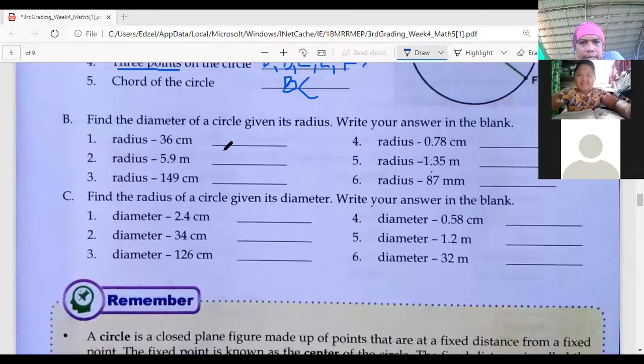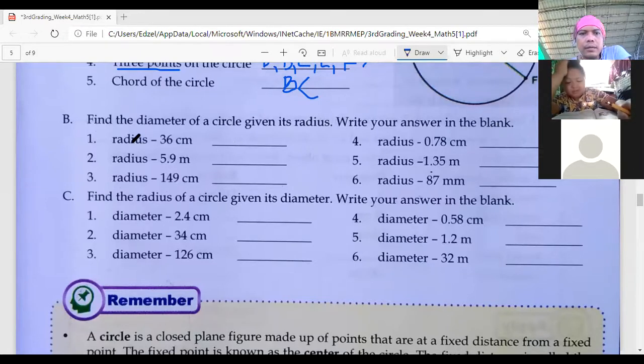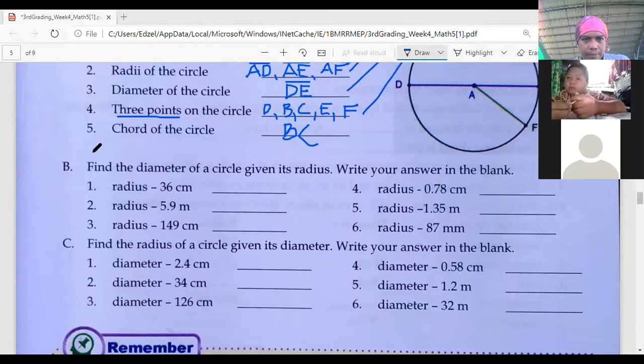All right, let's find the diameter of the circle given its radius. Write your answer on the blank. Di ba ang radius, ingon ko kanina, AF or AE or AD? Those are the radius. Now, the diameter on the other hand is twice the radius. Okay? Dalawang radius is equal to one diameter. I'll repeat that.